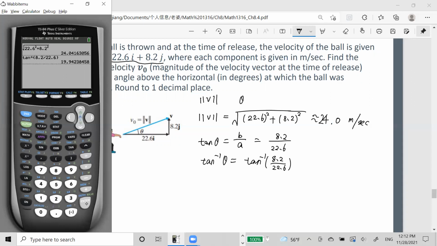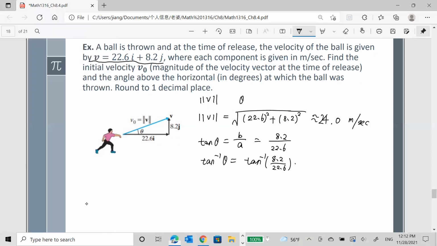So that's about 19.9 degrees. So we found all the solutions. The ball was thrown with an initial velocity of 24.0 meters per second at an angle of 19.9 degrees above the horizontal.